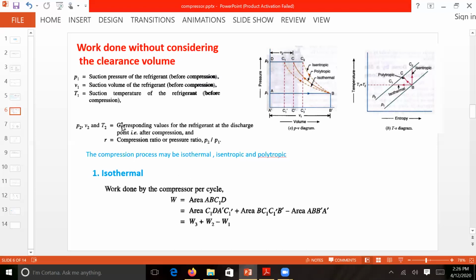Okay, so for the isothermal process, what will be the work? The work done will be the area ABCD.